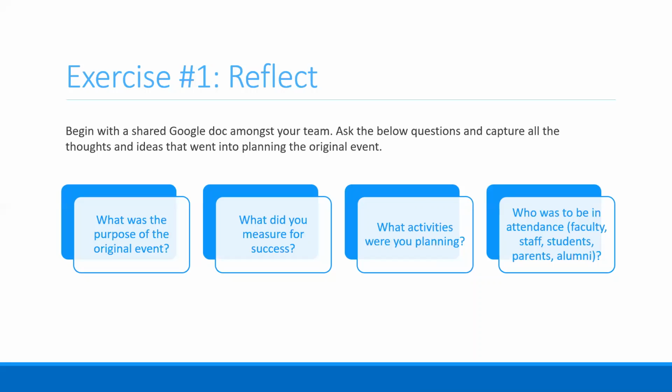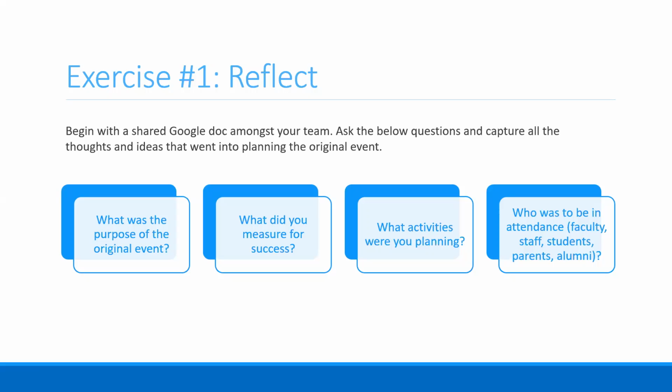The first thing you want to consider is reflecting on the event you were going to have in person. Now, these exercises that I'm walking through could also be used if you were planning an event from scratch. You just have to switch up the questions slightly.